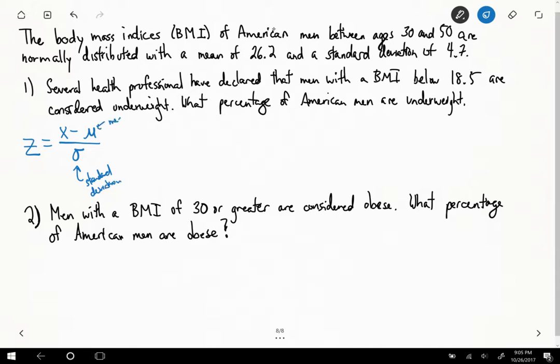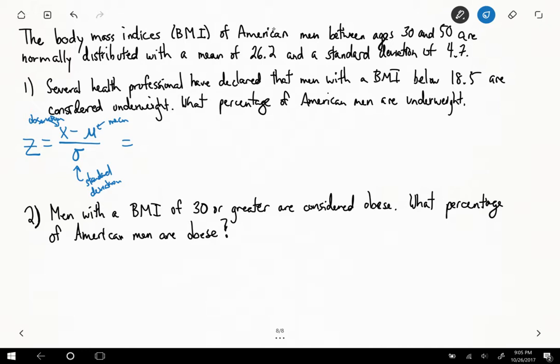And this mu is our mean. And x stands for our observation. When we find a z-score, what it's doing is standardizing this normal distribution.